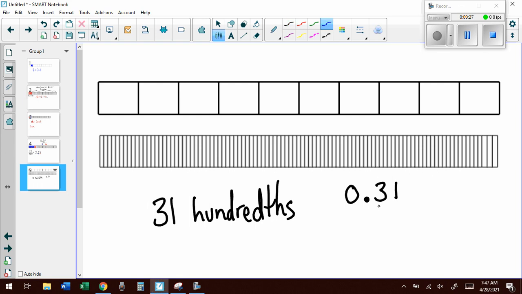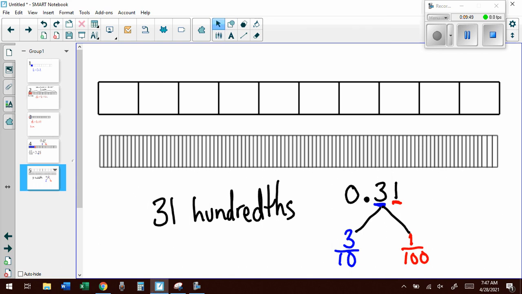In that, we have 3 tenths and 1/100th. So if we were to make a number bond for it, it would show 3 tenths and 1/100th.